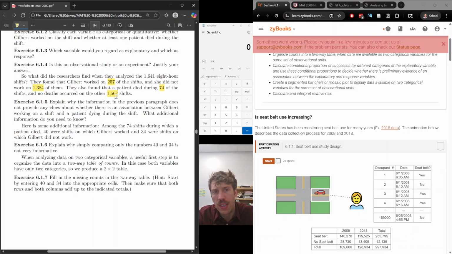Now, number 5 is explain why the information in the previous paragraph does not provide any clues about whether there's an association between Gilbert working on a shift and a patient dying during the shift. What additional information do you need to know?